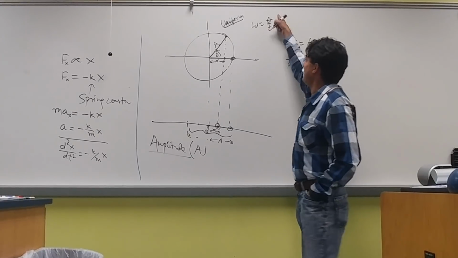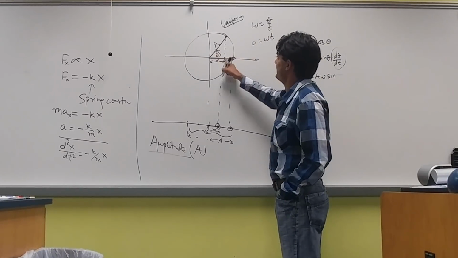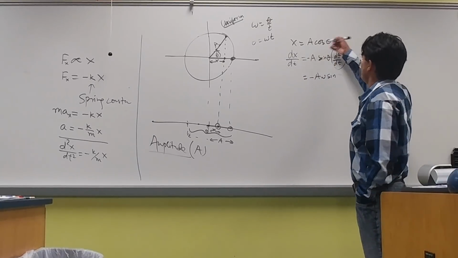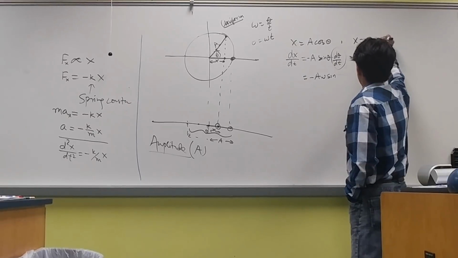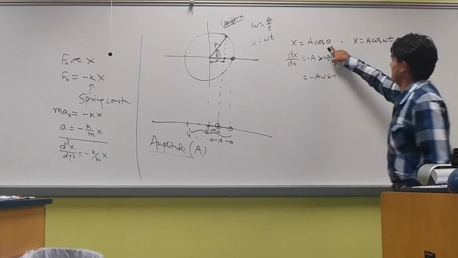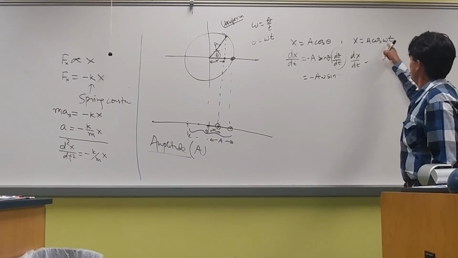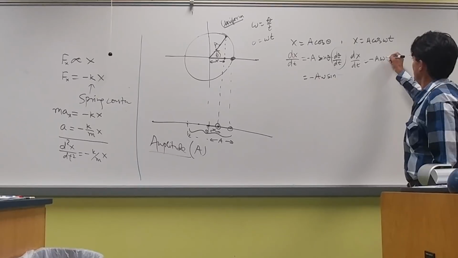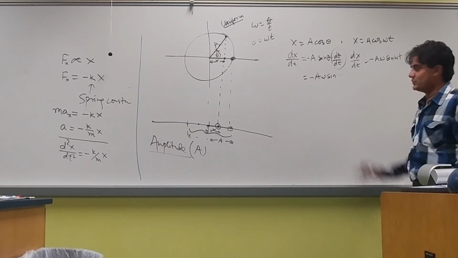So my theta is basically omega times t. I could have written x equals A cosine omega t rather than writing theta. If you do the derivative, dx by dt, omega comes in front: minus A omega sine of omega t, which is basically the same.